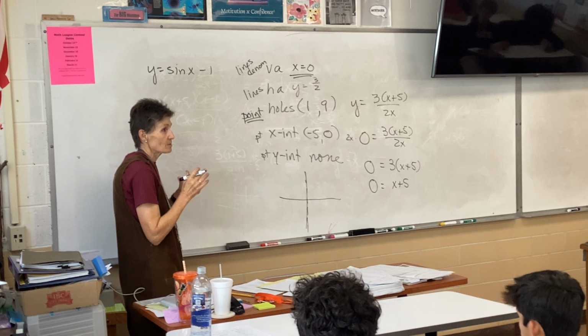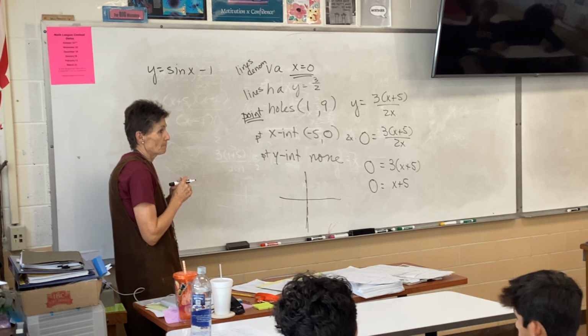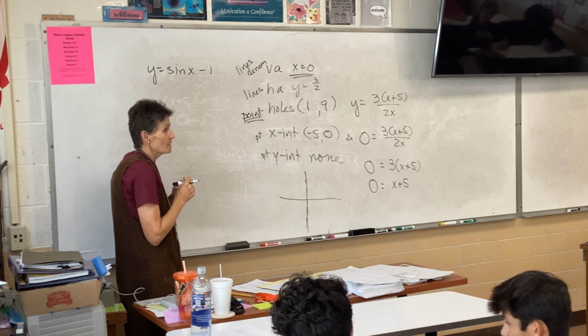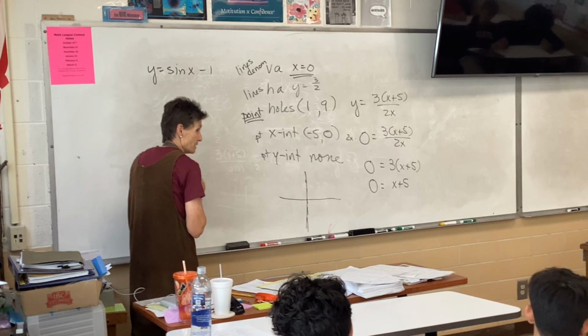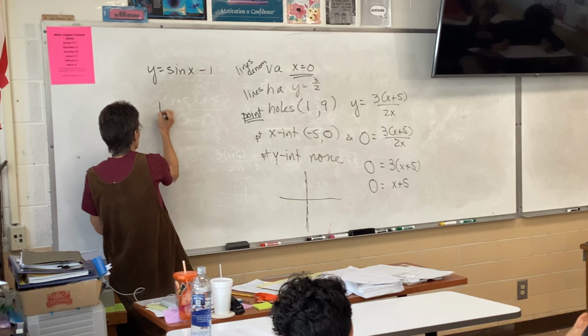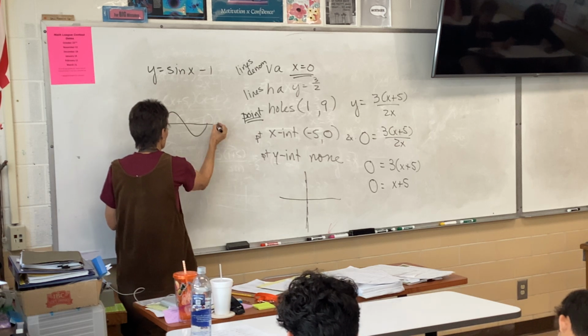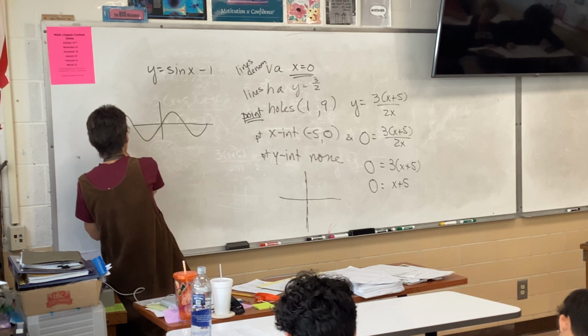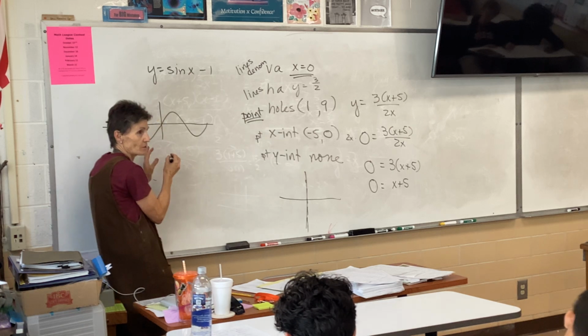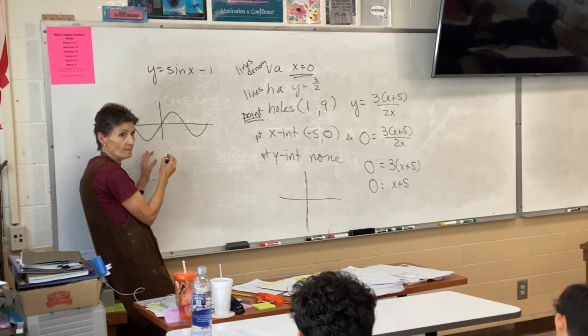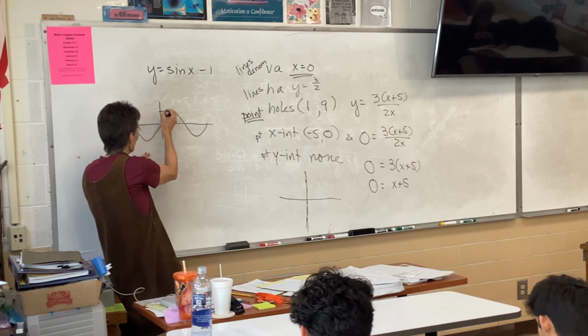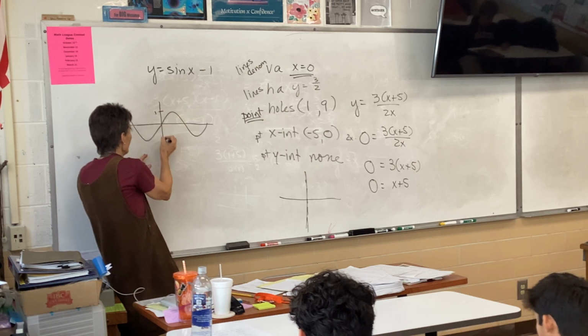Well, this whole test is no calculator. So we have to remember what a sine looks like. So I'm going to do my original sine thing. This is not the right picture, guys, this is the original sine. Agreed? What's the high point of the regular sine? 1, and the low point?